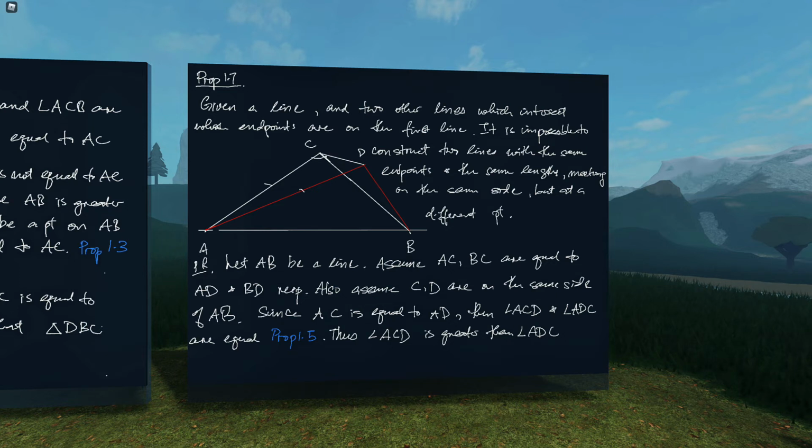Wait, what have I written here? Sorry, my mistake. What I want to say is that ACD, the larger angle, is actually greater than DCB. DCB is this small one here, and of course it's greater than that because DCB is part of the greater angle.